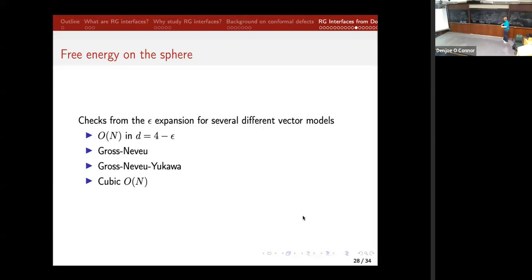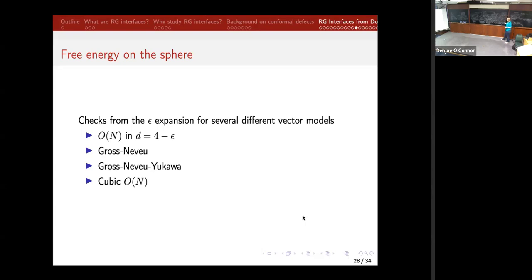The Gross-Neveu model clearly has this 4-Fermi interaction, whereas Gross-Neveu-Yukawa only has 2 fermions, like the Yukawa term. The Gross-Neveu model at d equals 2 plus epsilon and the Gross-Neveu-Yukawa model at d equals 4 minus epsilon are in the same universality class. So that's why we care about the Gross-Neveu-Yukawa model, because basically we can provide a check of our formula for this f of sigma, this large N formula.